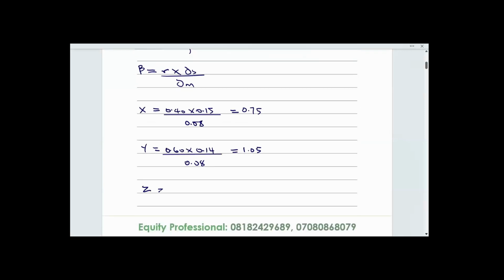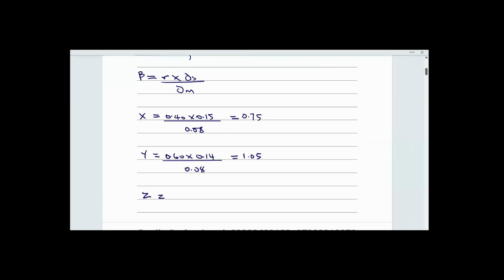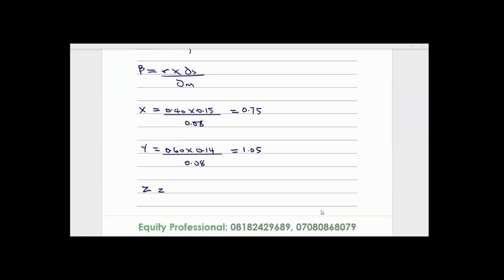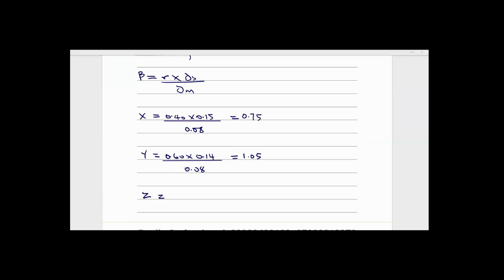Then for security Z, the correlation coefficient is 80%. The standard deviation of security Z is 5%.